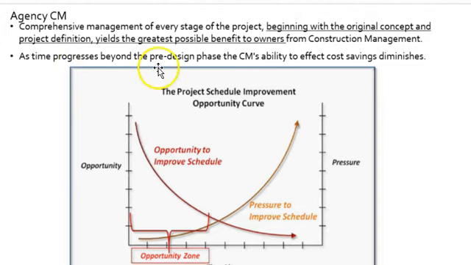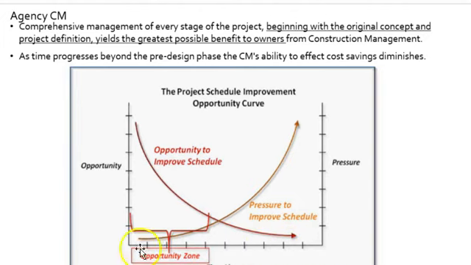However, as time progresses, the CM's ability to affect cost diminishes. All right, so looking at this diagram, again, they've applied it specifically to agency CM, but it's really a broader idea than that. Essentially, right across here, the x-axis across the bottom, imagine this is the design conception, this is preliminary design, and then construction begins, and then it closes out, and then occupancy happens.